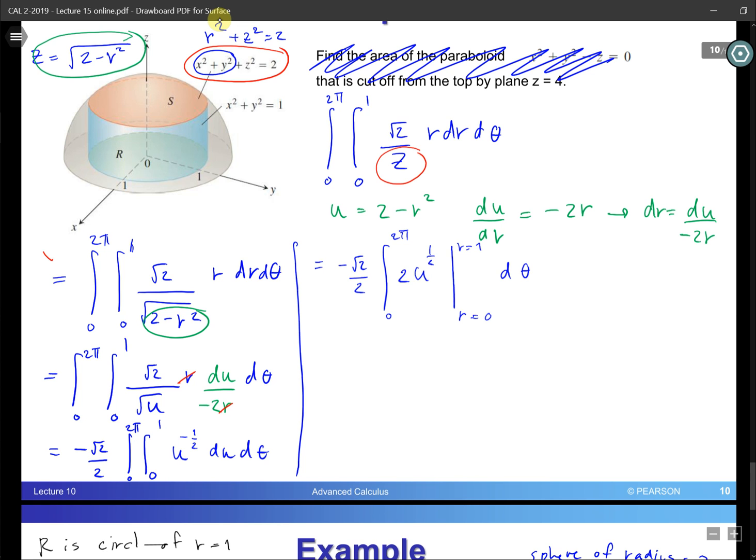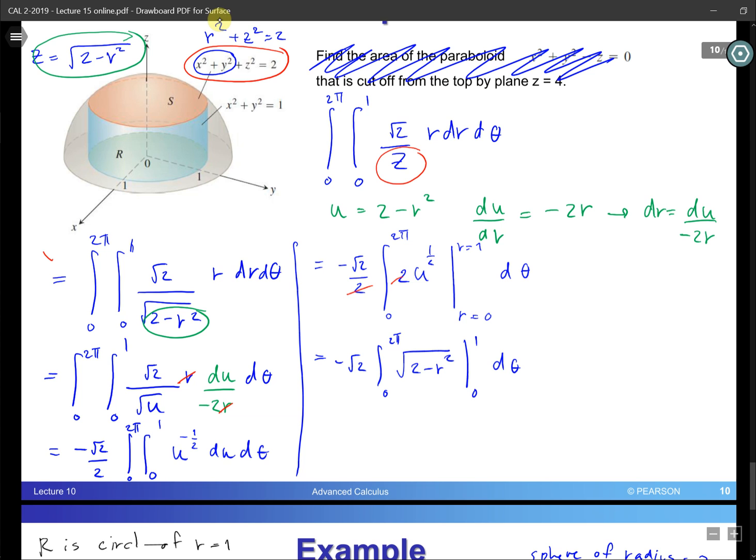So the 2s here cancel, and we have to put r back into this expression. So here we have minus square root of 2, integrate from 0 to 2 pi, u equal to 2 minus r squared, and then we have this square root, we have to evaluate this at 0 and 1, d theta.